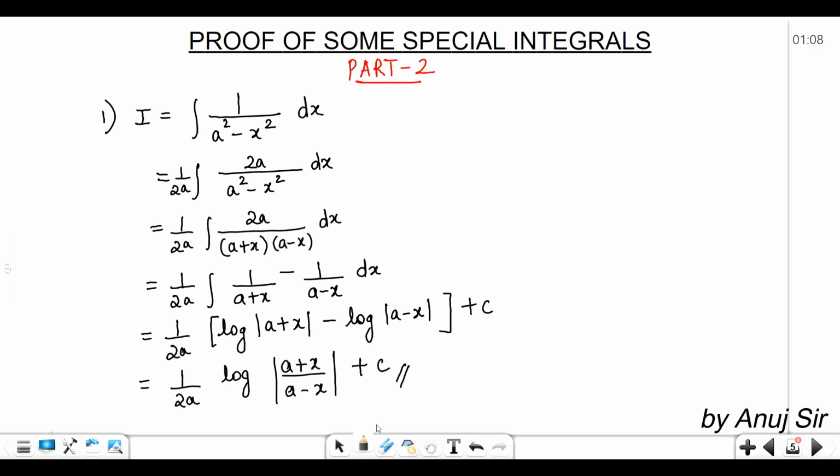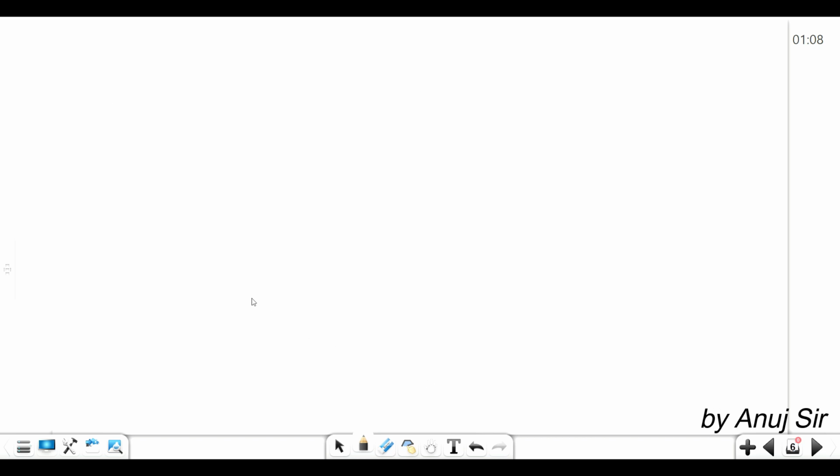Okay, now we'll move on to the next one, which is I is equal to the integration of 1 upon square root of a square minus x square dx. Now we'll see how we'll solve this. For solving this, we will take the help of a trigonometric ratio again. Put x is equal to a sine theta, and taking the derivative on both sides, that will give you dx.